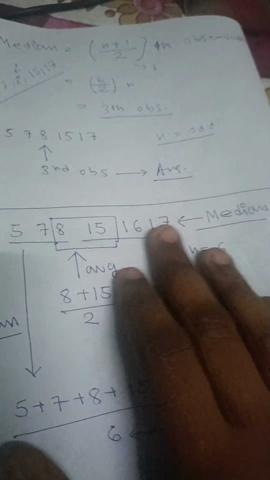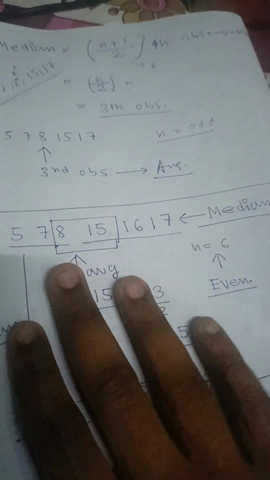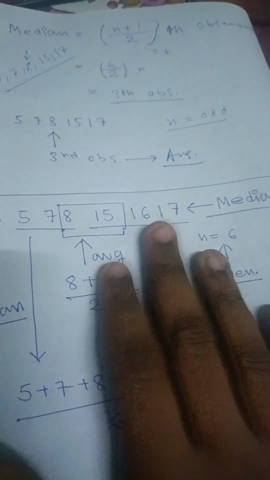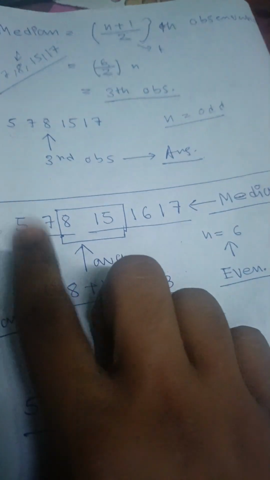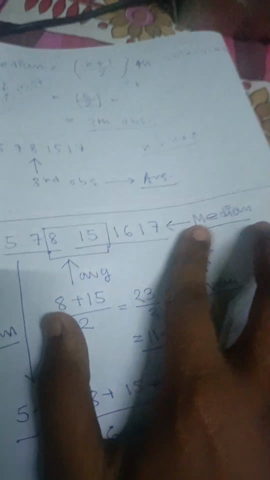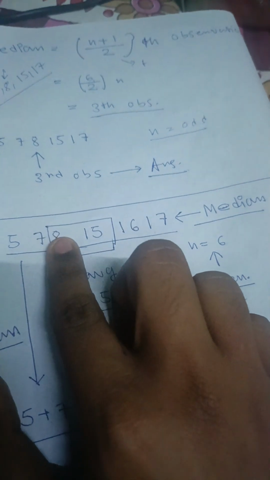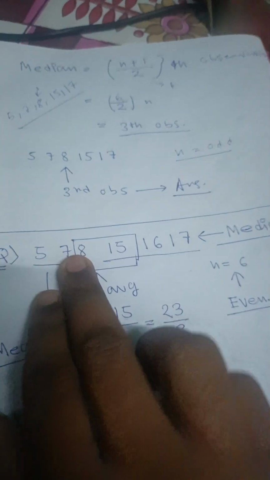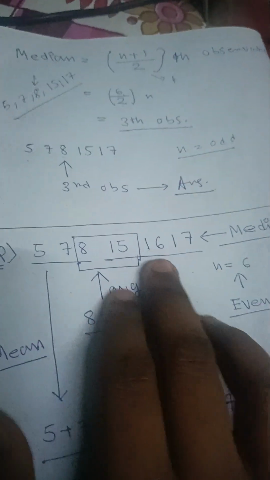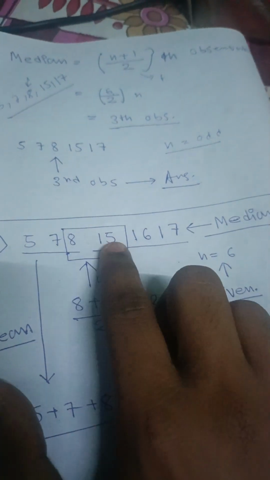Here n, the number of elements, is 6. If there are 6 elements, we have to choose the middle part. The middle is the third and fourth elements. By symmetry, we can also see there are 2 elements on each side. So the middle part is 8 and 15.